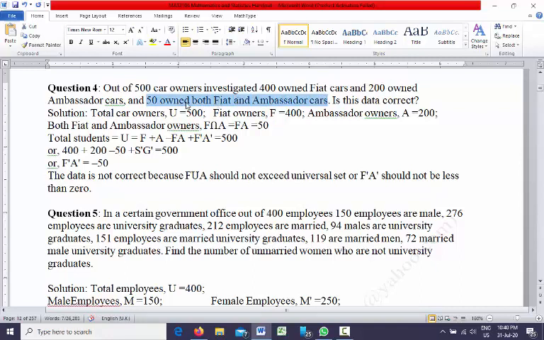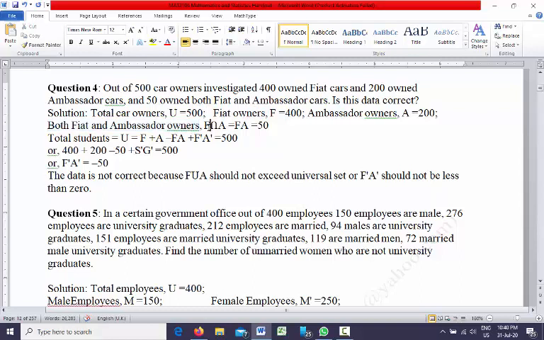That means 50 owners own Fiat and also Ambassador, right? So this is intersection. Whenever you see the term both, and this one and this one, in that case this is intersection.